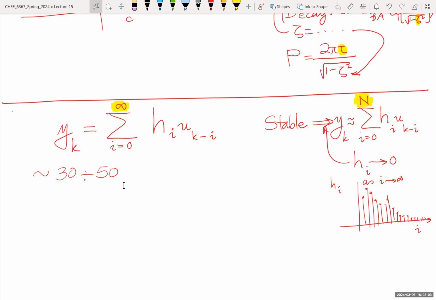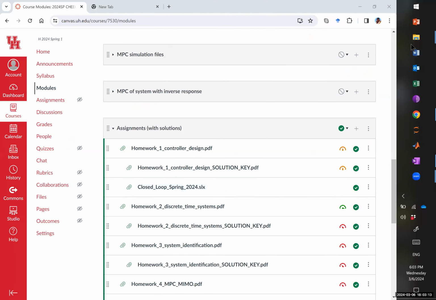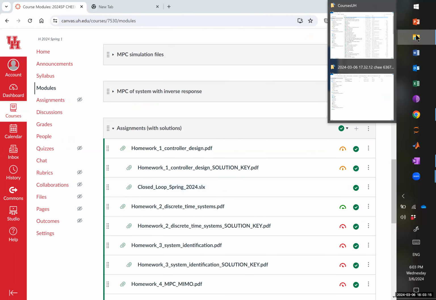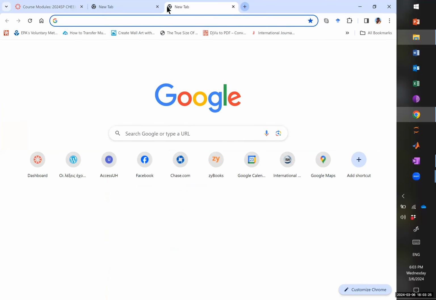First of all, let's gain some appreciation for what those mean. Before we do that, one historical remark. These kinds of models became very popular during the early days of model predictive control. There is a famous paper that I mentioned in the notes, and if we Google it, it'll come up immediately.